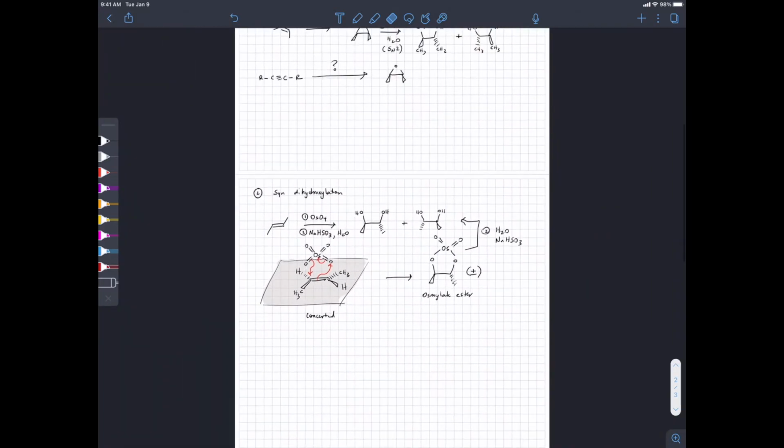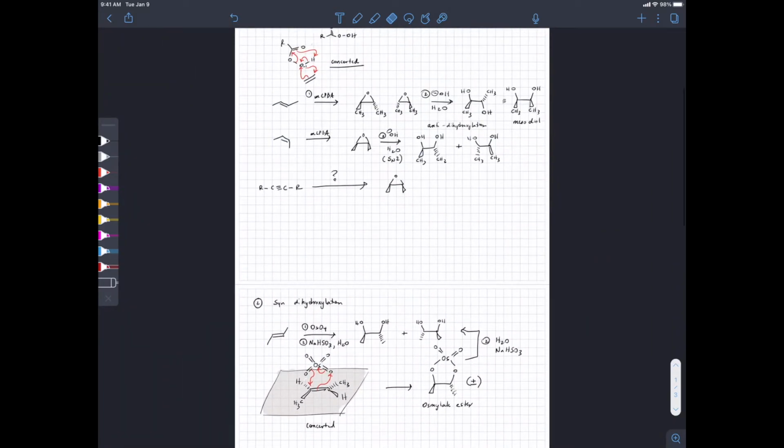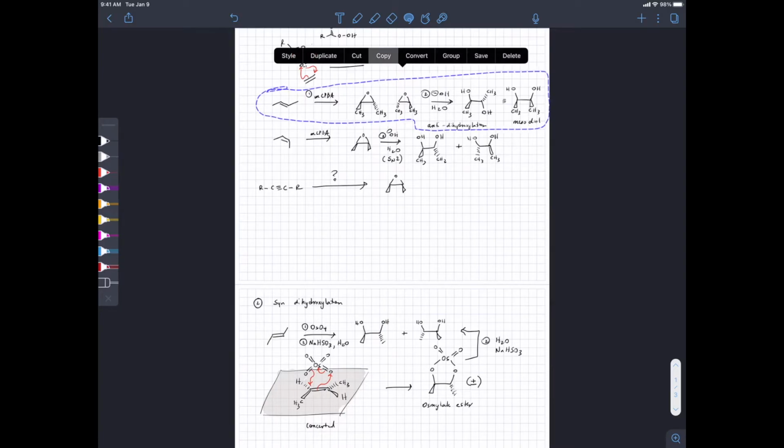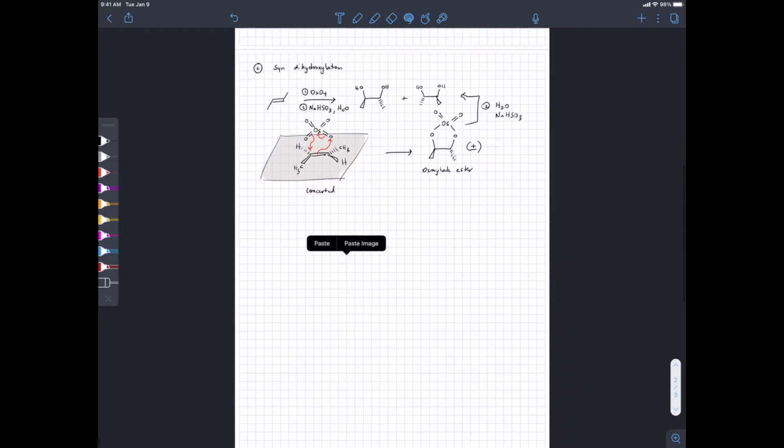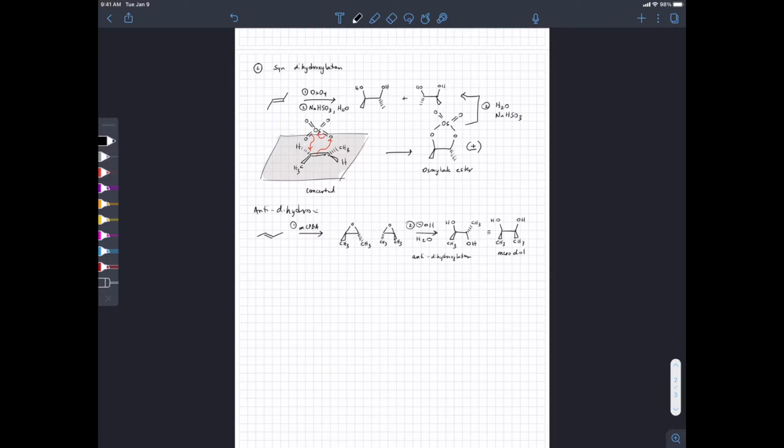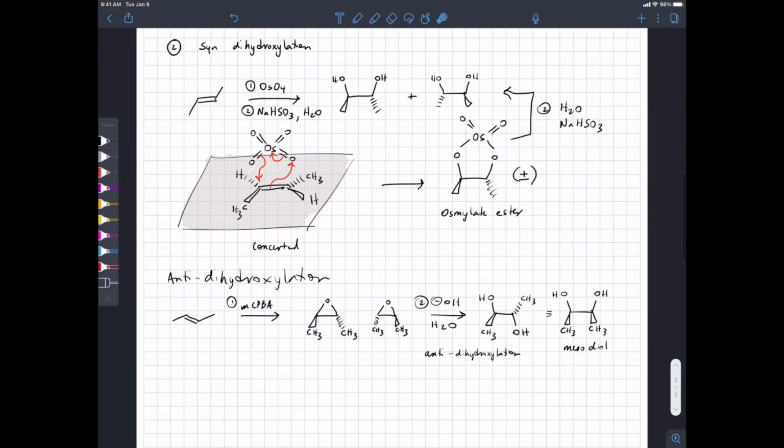But one interesting thing to notice is if you compare our anti-dihydroxylation reaction sequence versus our syn dihydroxylation reaction sequence, notice we can start with the same starting material, the trans alkene, and if we do syn dihydroxylation, we get the chiral diol.